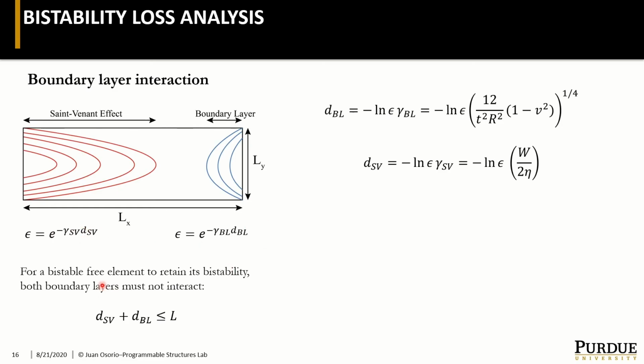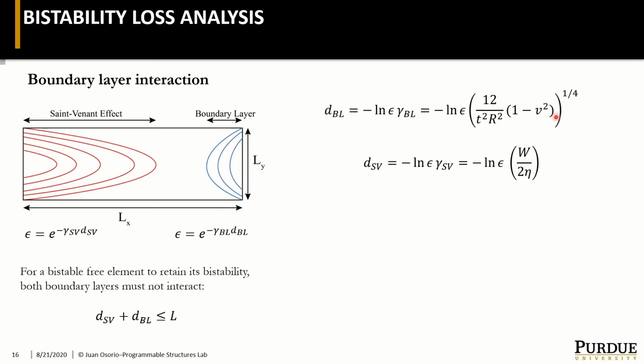The same for this one, and we want to verify that for a bistable free element to retain its bistability, both boundary layers must not interact. So essentially the sum of these two parameters cannot exceed L, the total length of the shell.